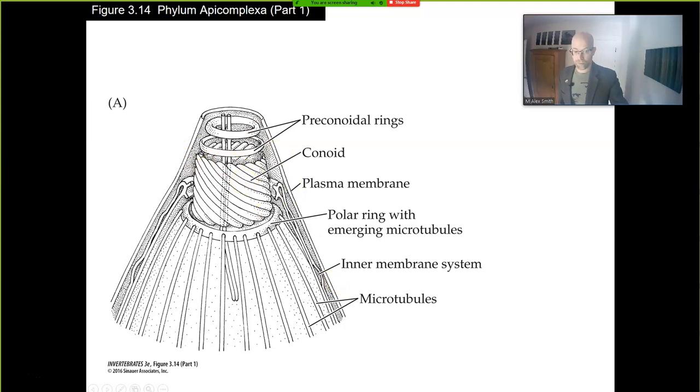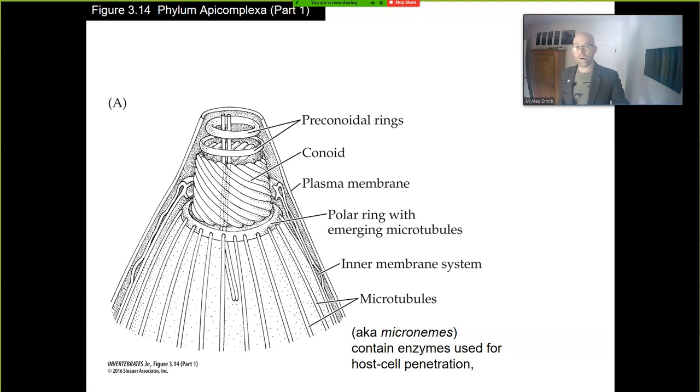So these microtubules, this is what we called micronemes in the other slide. So down here you can see them projecting up towards the polar ring, and that's essentially what you're looking at is a complicated, almost concentration of intracellular bodies or structures that are adaptations towards a parasitic style of life, towards penetrating and or entering the cell body of the host.